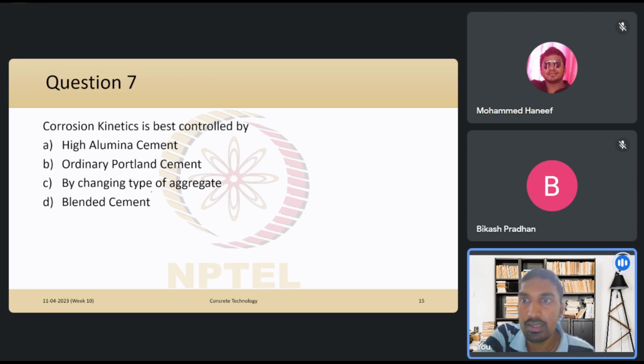Okay, question 7: the corrosion kinetics is best controlled by, the options are high alumina cement, ordinary Portland cement, changing the type of aggregate, and option D is blended cement.